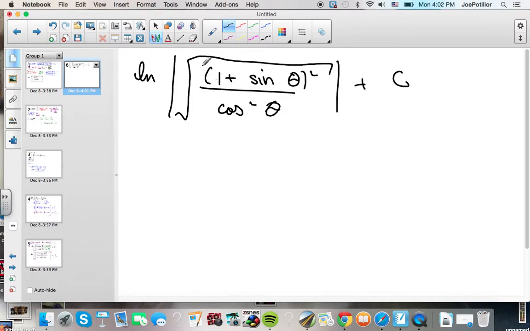Using the property of square roots, this cancels that, so we end up with 1 plus sine of theta over cosine of theta.